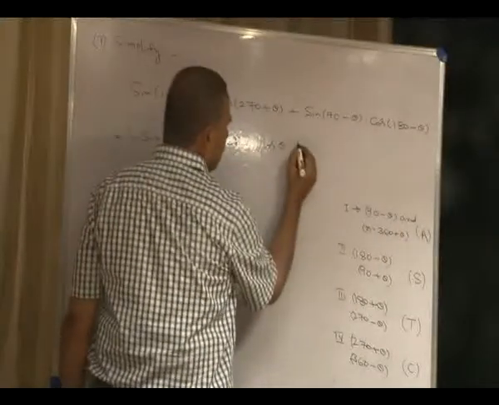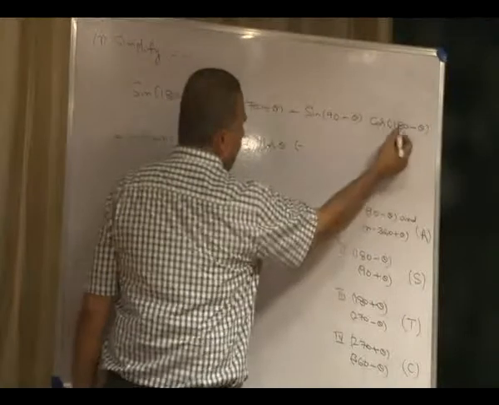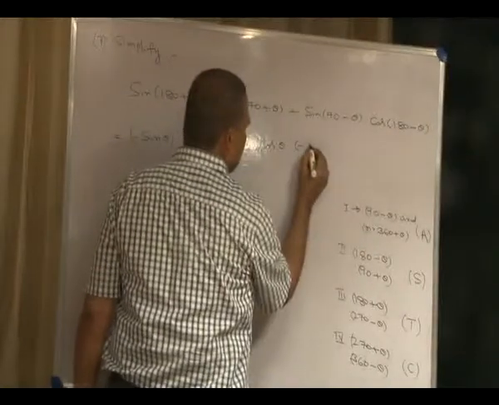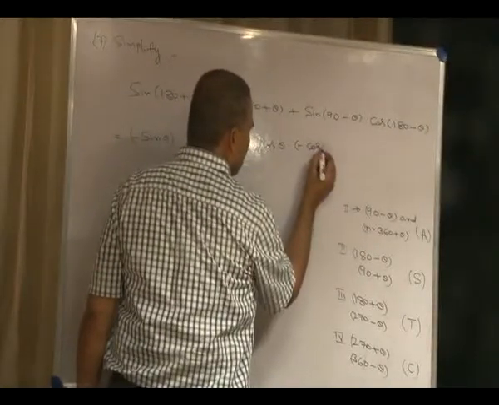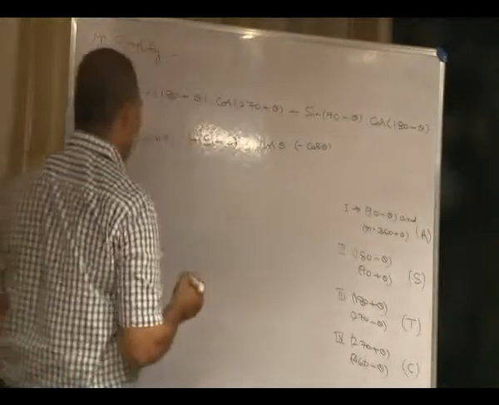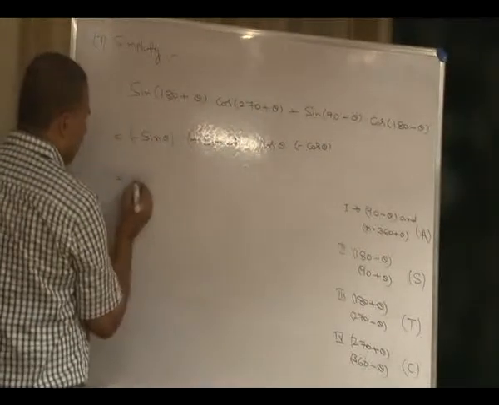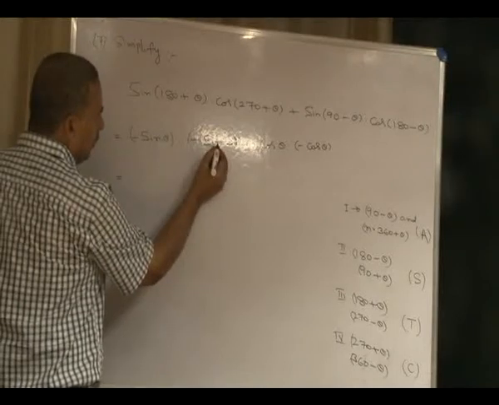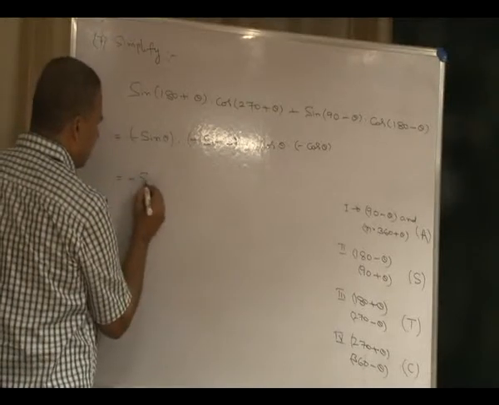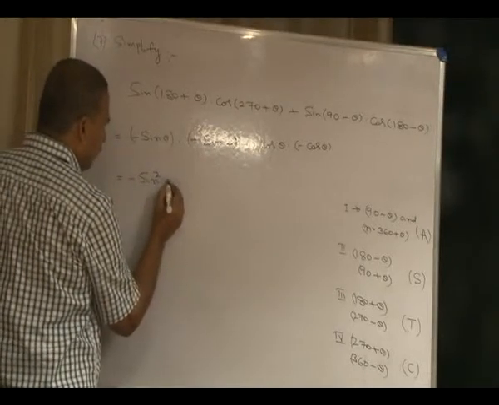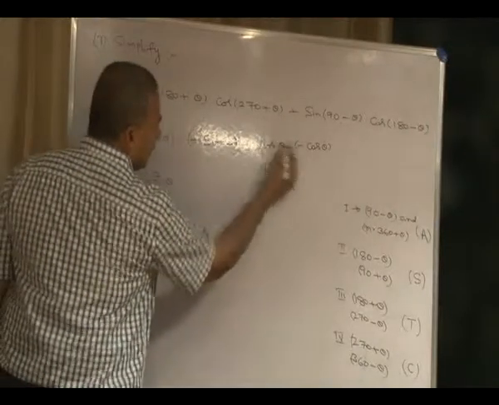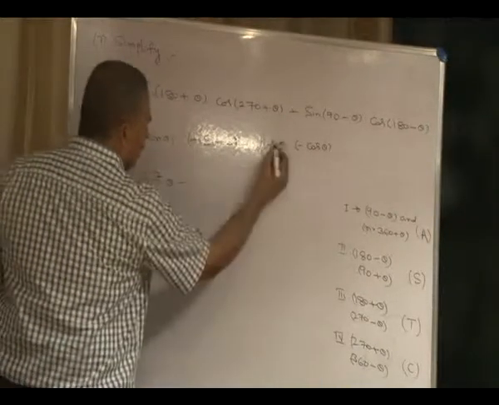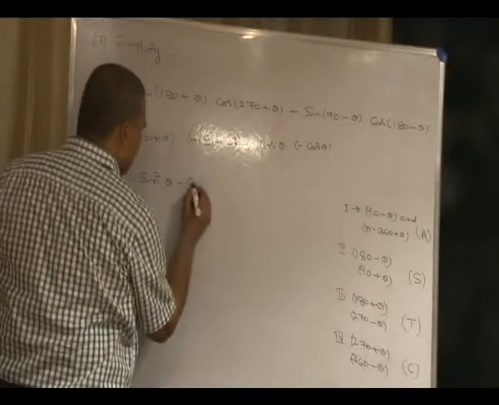In the second quadrant cos is negative, and in 180 minus theta the same function, that is minus cos theta. That is equal to minus sin theta into plus sin theta is minus sin square theta, plus, this minus into plus is minus, cos theta into cos theta is cos square theta.